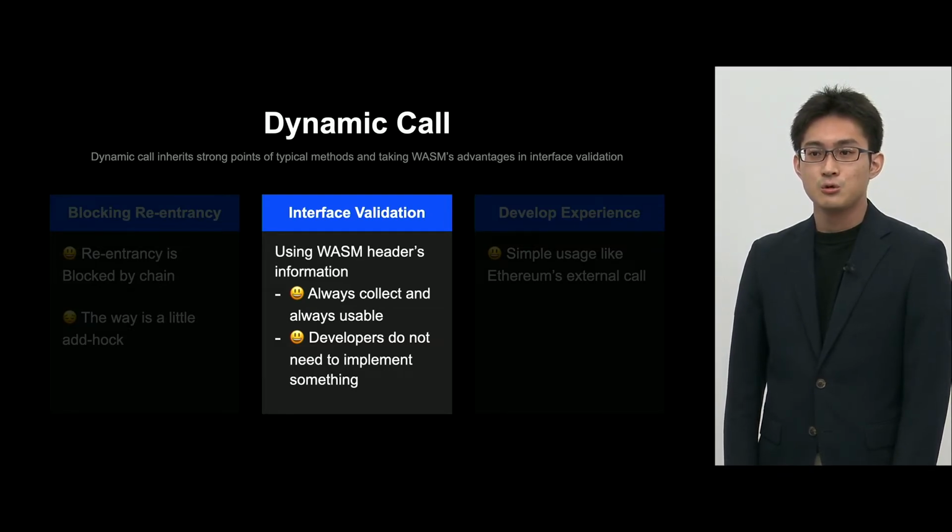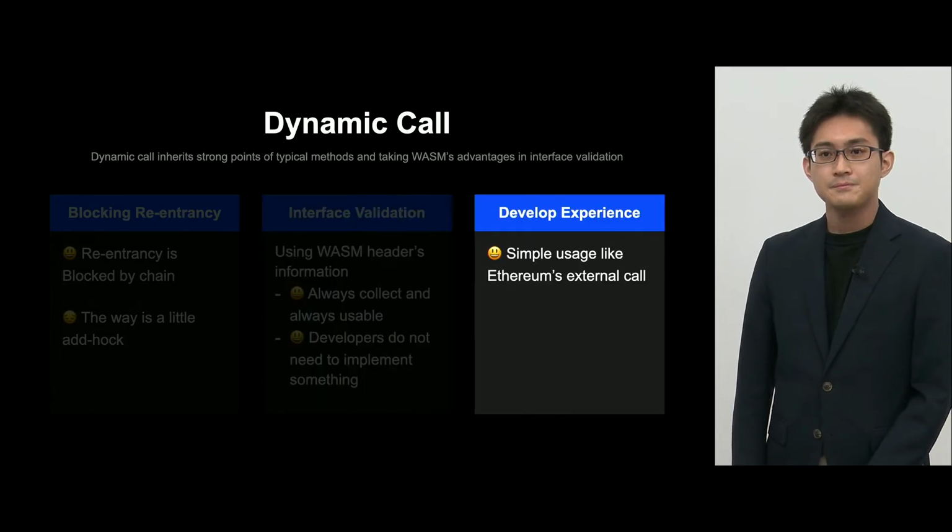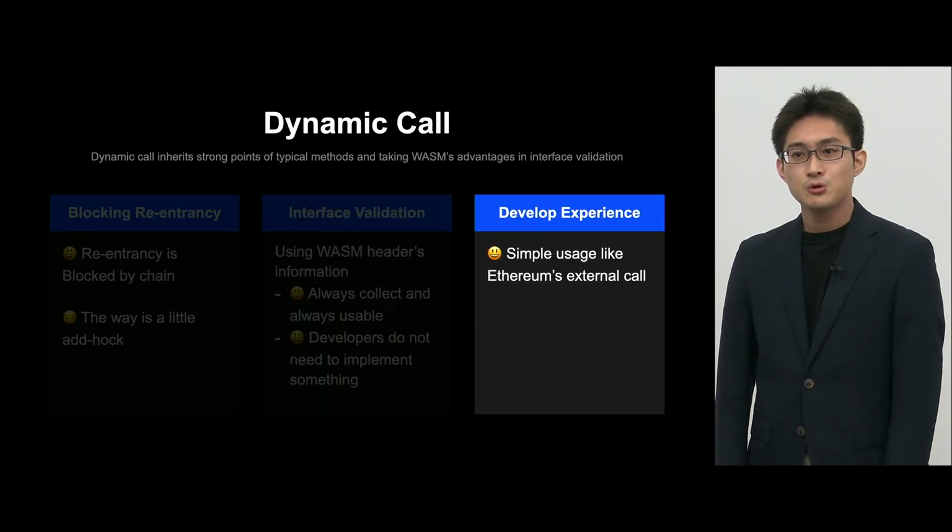So it's not influenced by the contract implementation. It is always the right information, and it can be utilized. The contract developer does not need to implement the interface information function. So this is a unique characteristic that conventional chains do not have.